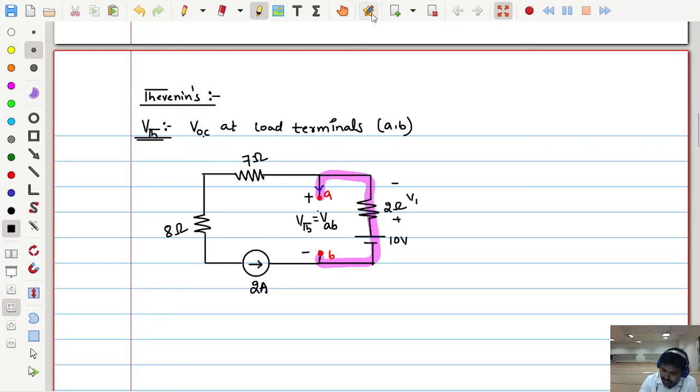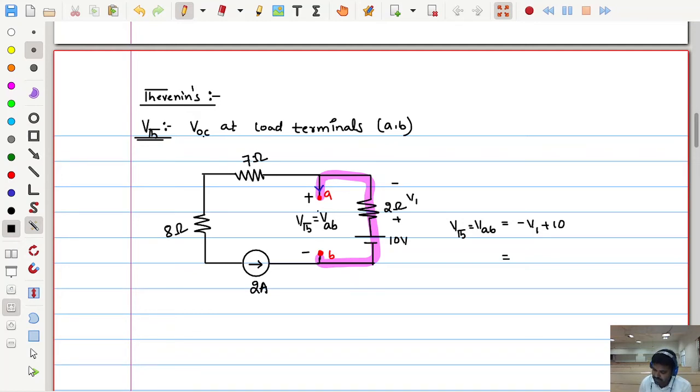In this traveling path, whatever voltages we come across, let us add up all the things. VTH is equal to minus V1 plus 10. So here our next objective is how to get the V1 value.